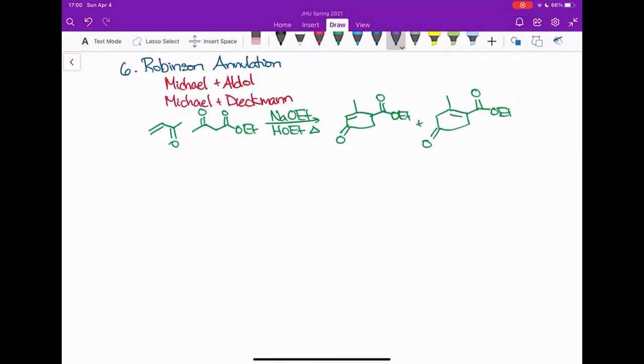So to start off, like I said, it's going to be identical to your Michael mechanism. So your base comes in to deprotonate at your alpha position, that will come out to attack your alpha beta unsaturated carbonyl.